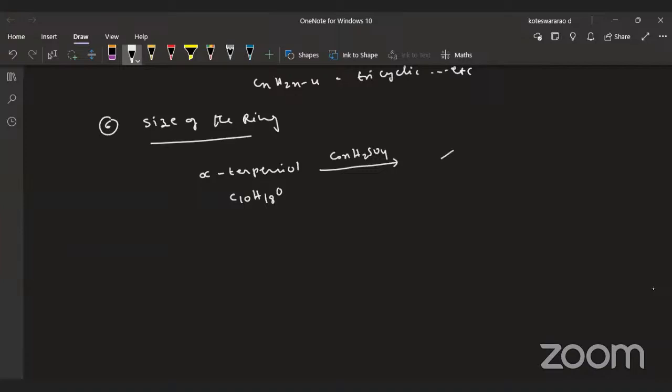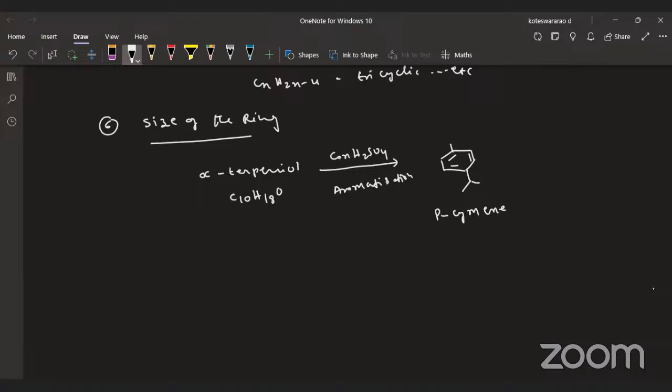Then it undergoes dehydrogenation, not dehydration, a dehydrogenation reaction taking place. That is called aromatization. It undergoes aromatization that leads to the formation of a known compound, that is paracymene. This is the known structure, right?